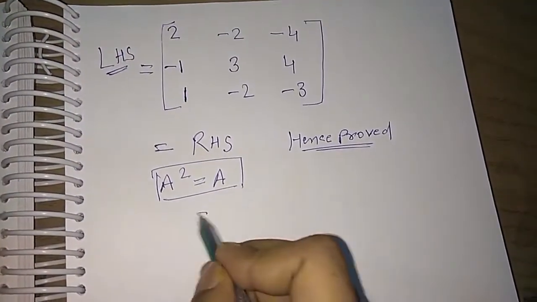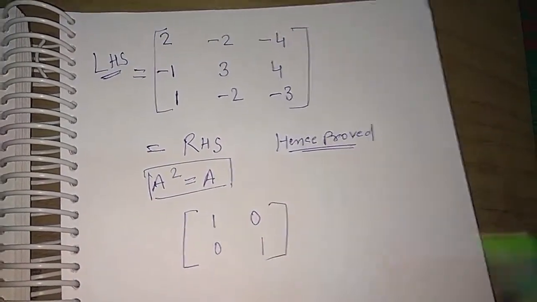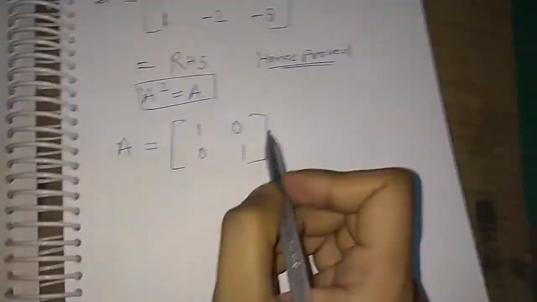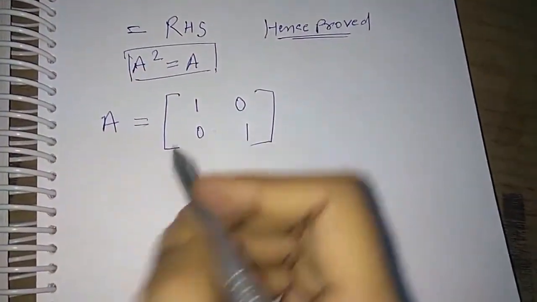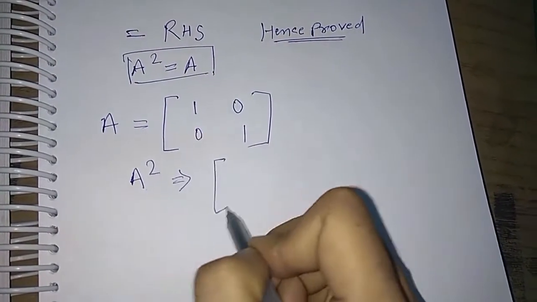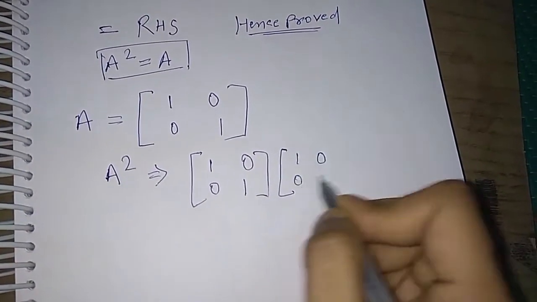The next example I showed you was this, 1 0 0 1. Let's call it A. Can we prove this also? So A square will be 1 0 0 1 into 1 0 0 1.